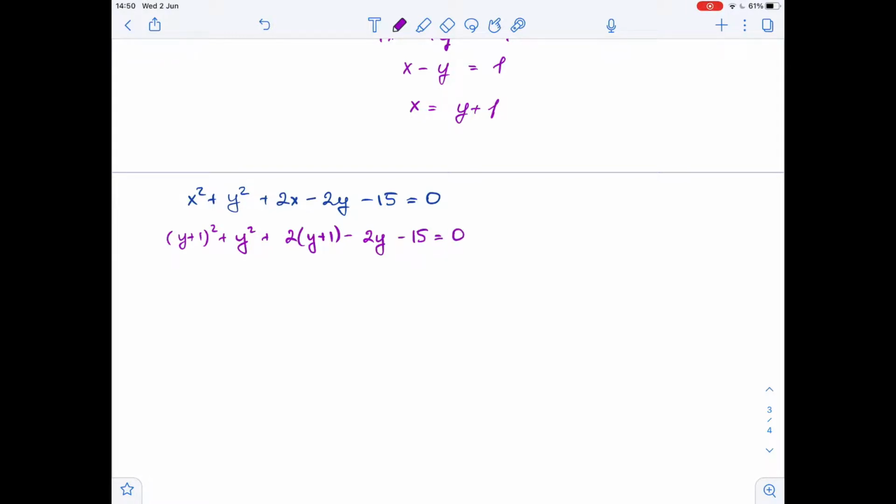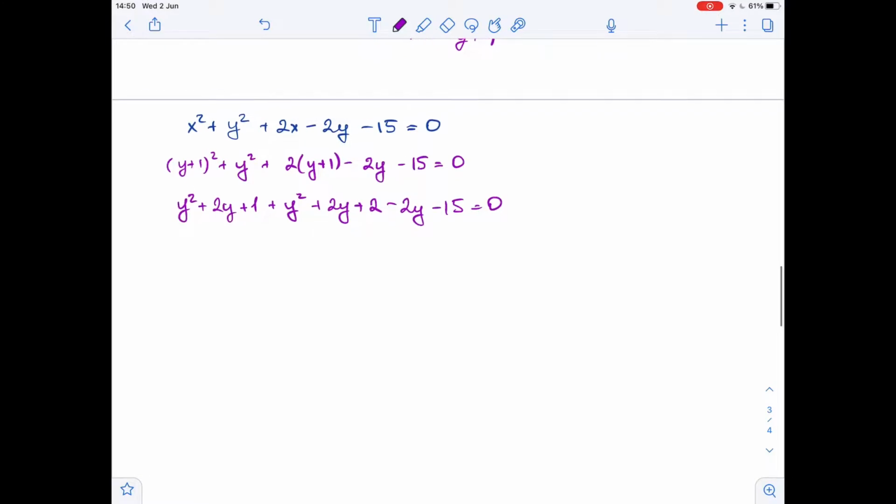Again, let's simplify it. So (y + 1)^2 is equal to y^2 + 2y + 1, plus y^2 + 2y + 2 - 2y - 15 is equal to 0.